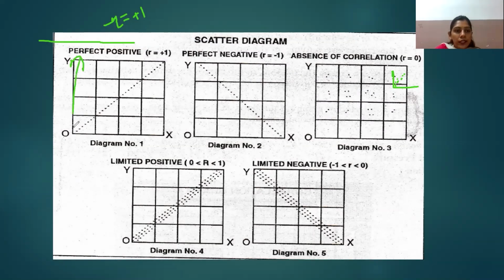This is the y-axis and this is the x-axis. We have plotted dots here, and they are in a straight line. With the help of the information of both the variables, we have plotted dots in a straight line. When all the dots come in a straight line, it is said to be perfectly positive correlation among the variables. So the r value in this case is equal to plus 1.